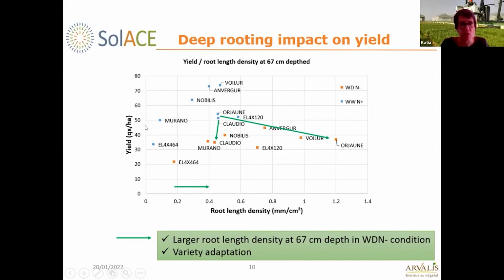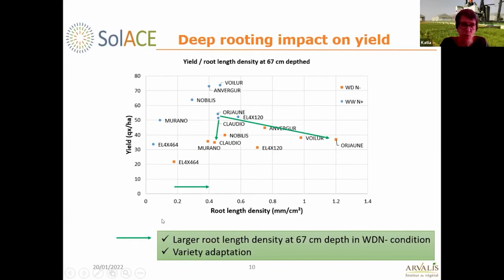And you can observe larger root length density at this 70 centimeters depth in stressed condition.